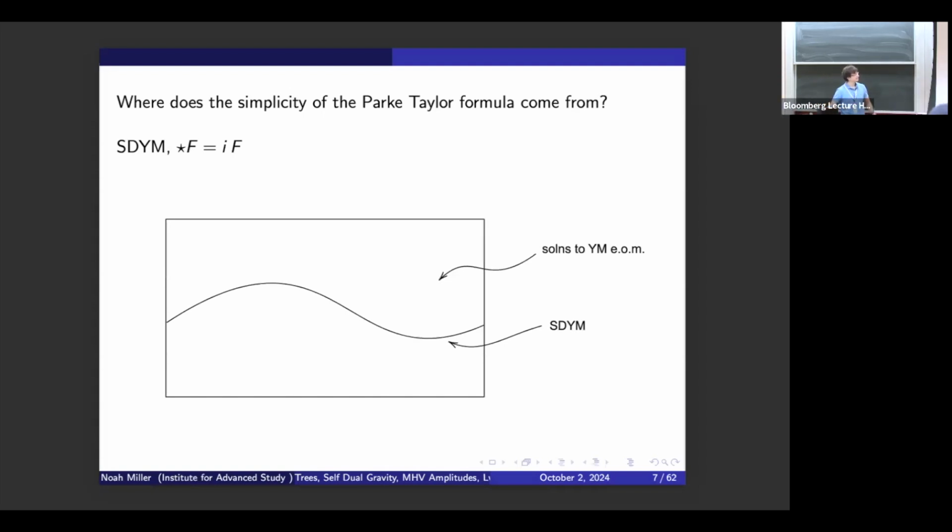Any such self-dual Yang-Mills can be thought of as an integrable subset of Yang-Mills, and because it's so much simpler than Yang-Mills, you can start with self-dual Yang-Mills and build stuff on top of it. Stuff begins very simple and then gets gradually more and more complicated.